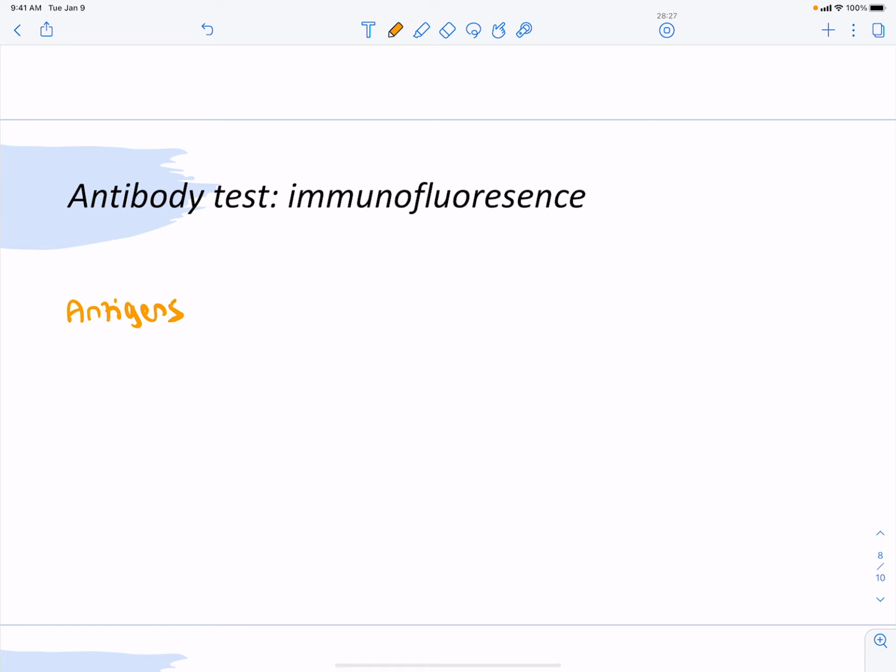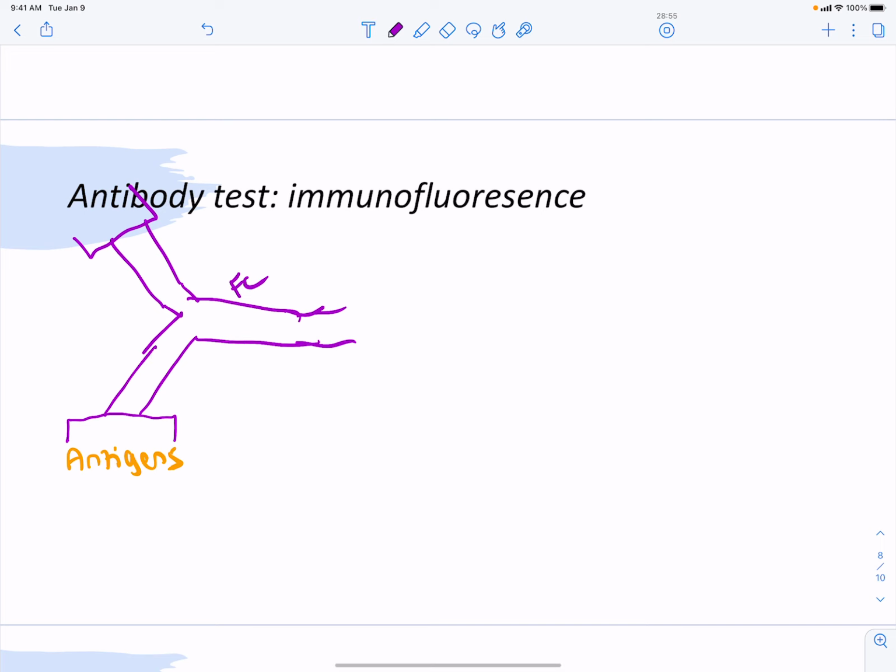Actually move this. So this is one arm of our antibody. And over here will be the other arm. And so here's our antibody. Here's our FC region.